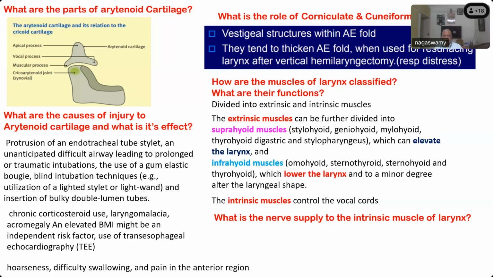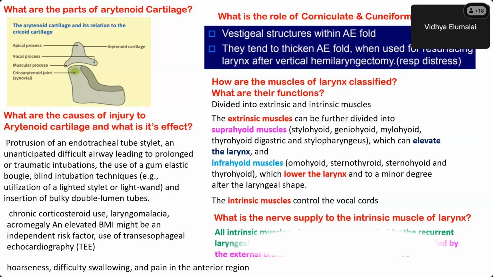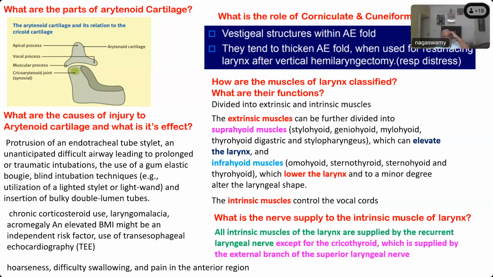All the muscles are supplied by the recurrent laryngeal nerve except cricothyroid, which is supplied by the external laryngeal nerve. Very good. All intrinsic muscles of the larynx are supplied by the recurrent laryngeal nerve, except for cricothyroid, which is supplied by the external branch of the superior laryngeal nerve. So this is a very simple answer. In the exam they definitely ask you about this.